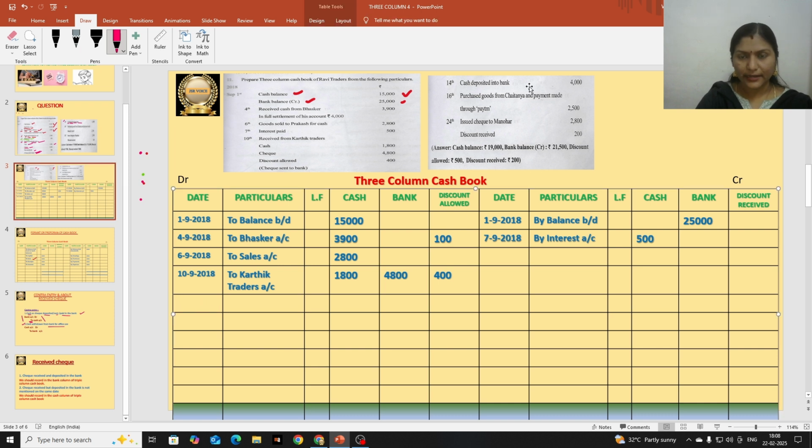Debit side, first date 14th date, 14-9-2018, and what we will write? Our entry is bank account debit to cash account. So "To cash" we write.